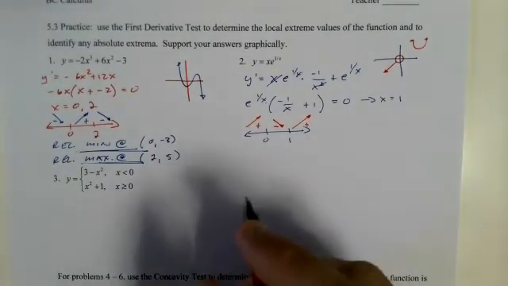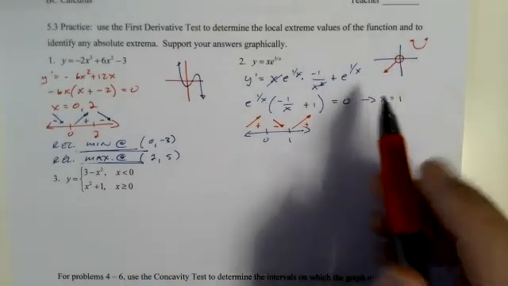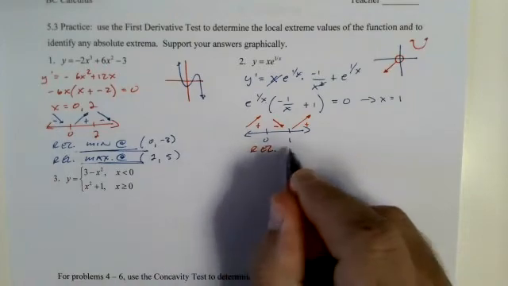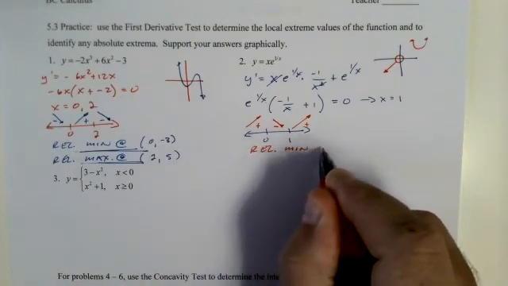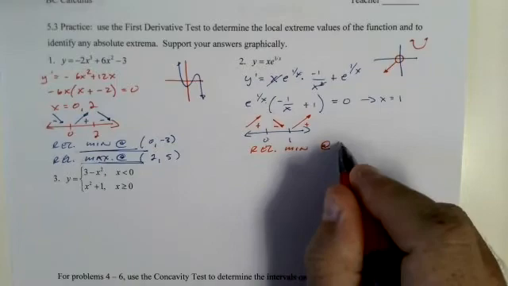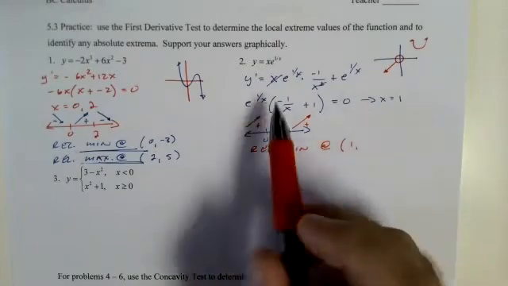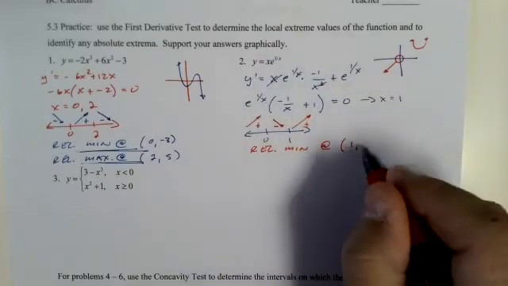So since this point's not defined, it's just going down, we have a relative min at 1, plug in 1, e.